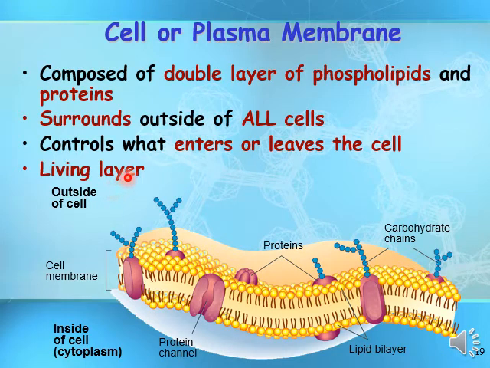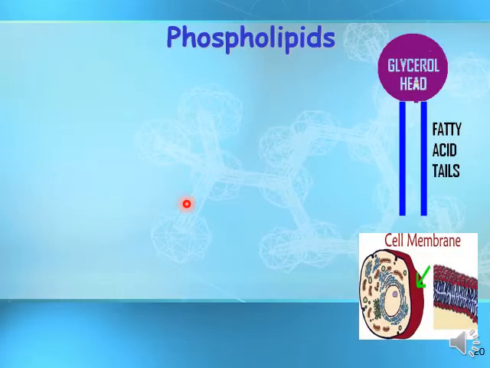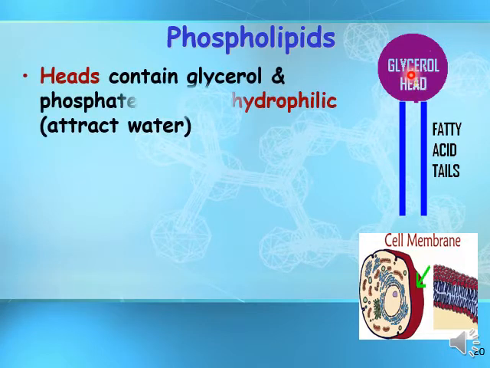This membrane is characterized as a living layer. This is a phospholipid molecule composed of a fatty acid tail attached to a glycerol head. Heads contain glycerol and phosphate and are hydrophilic, so they attract water.